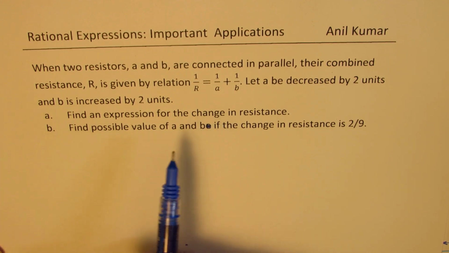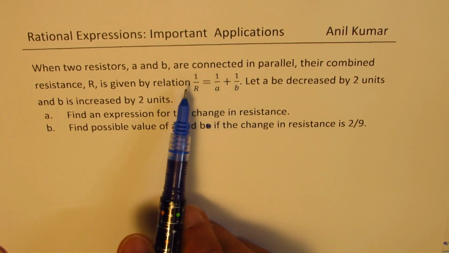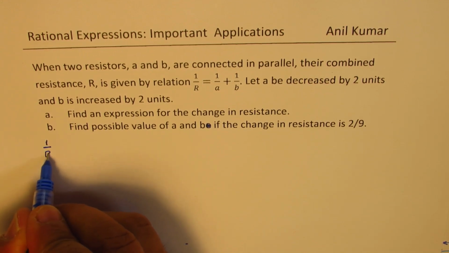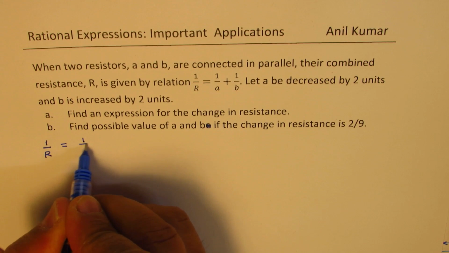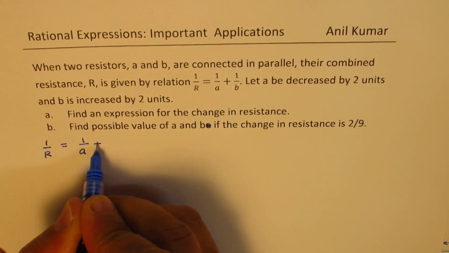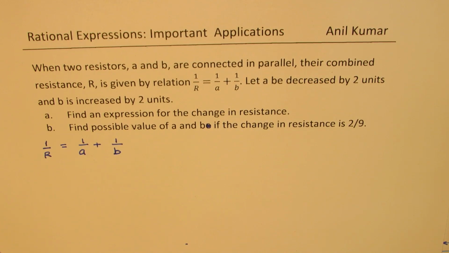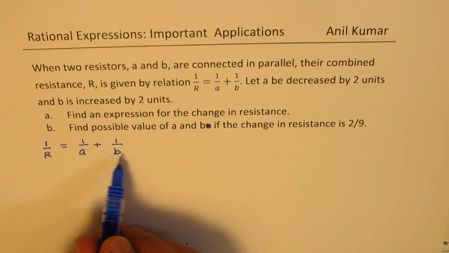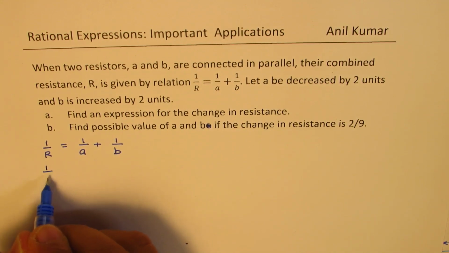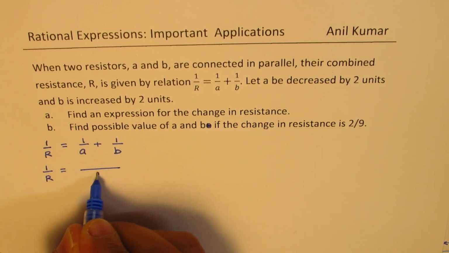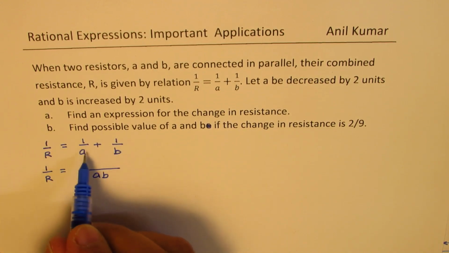So first step is, let's understand what is the original value of R. We are given 1 over R is equal to 1 over A plus 1 over B. Now the technique which I'm going to show you is also utilized for isolating variables. So we can take a common denominator on the right side. We get 1 over R equals, the common denominator will be A times B, and then we cross multiply.